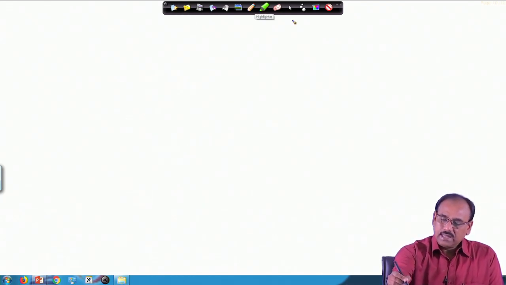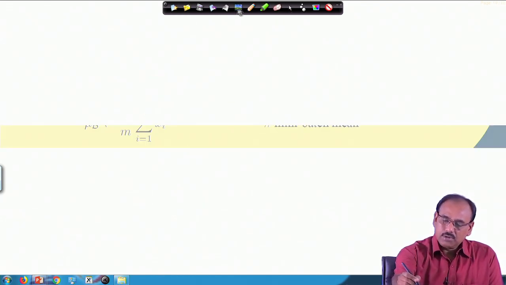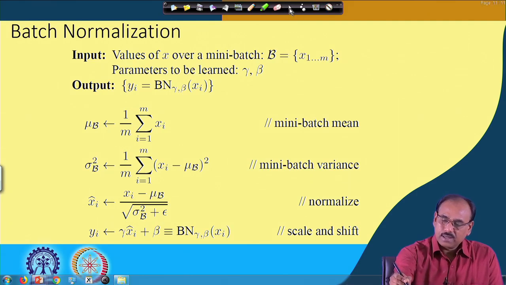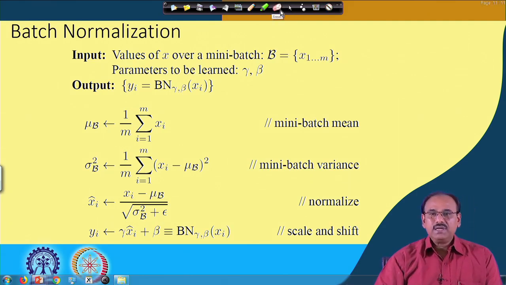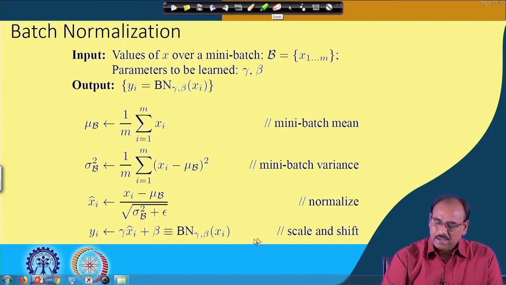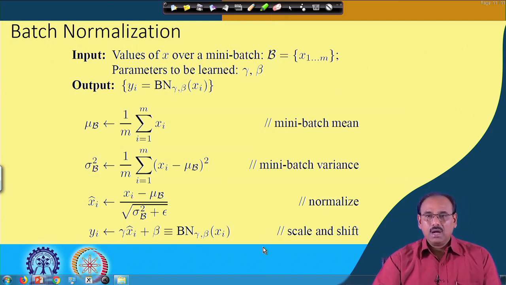Now, we said that when we talk about these normalizations, the different types of normalizations depend upon how you compute the mean and sigma vectors. In case of batch normalization, it is all the channels grouped together, and for each channel you compute the mean and the standard deviation.